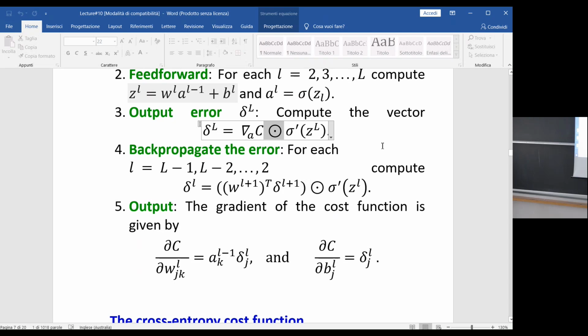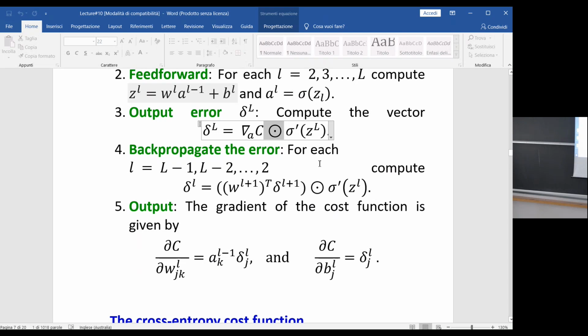Having this error of our output layer, we can now backpropagate. We can now compute the values which permit us, by a recursive procedure, to correct the coefficients of this network.